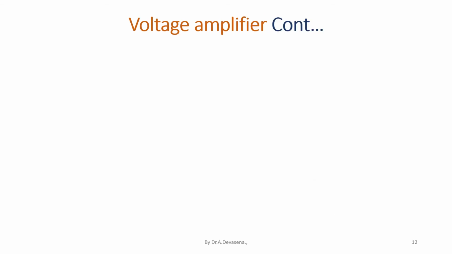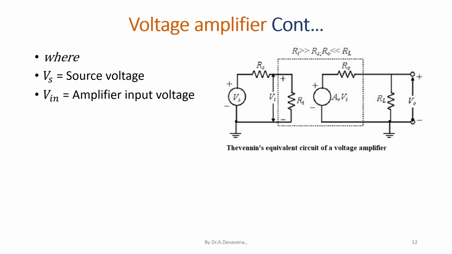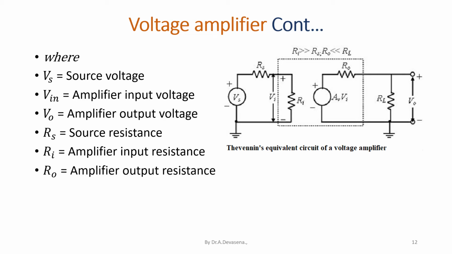Here, Vs is the source voltage, Vi is the amplifier input voltage, V0 is the amplifier output voltage, Rs is the source resistance, Ri is the amplifier input resistance, R0 is the amplifier output resistance, and RL is the external load resistance.